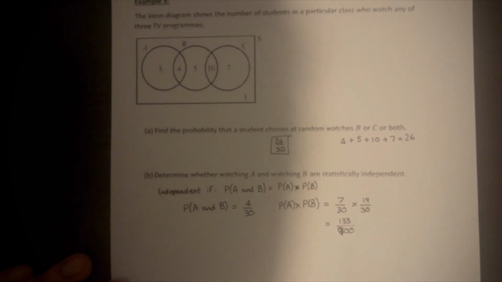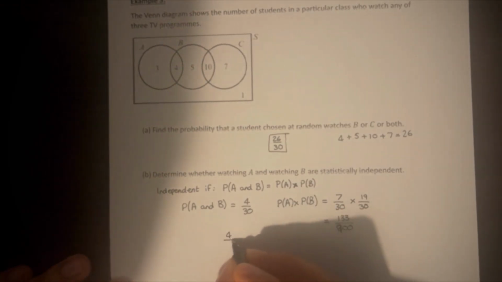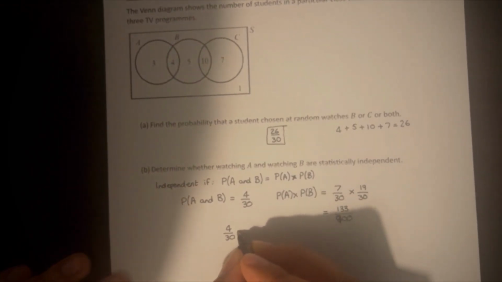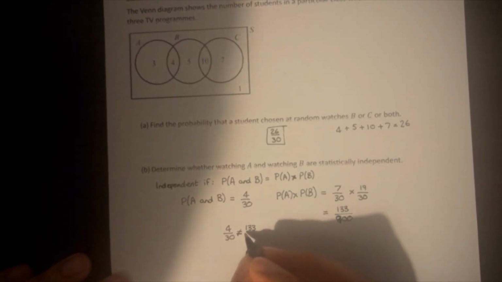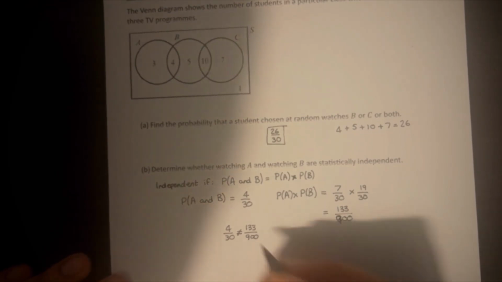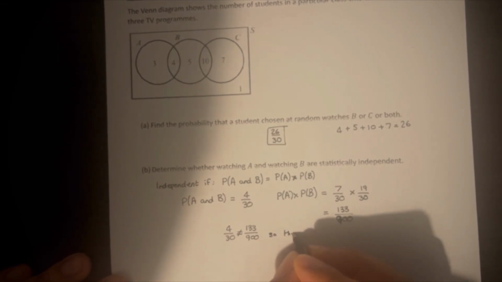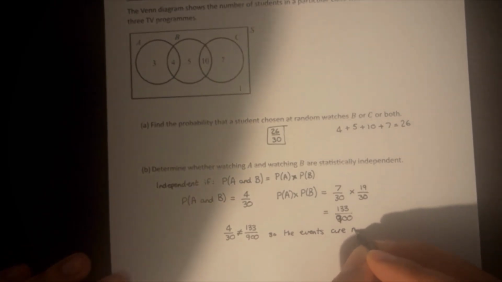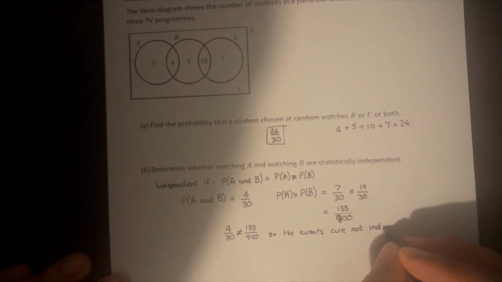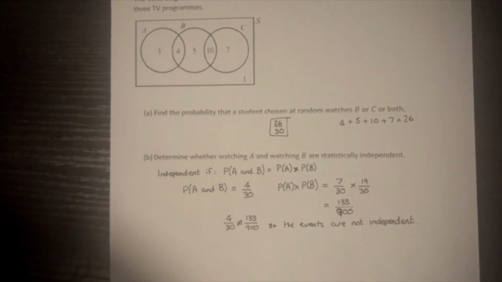These two are not the same. Since 4/30 is not equal to 133/900, the events are not independent. And that is our answer to that question.